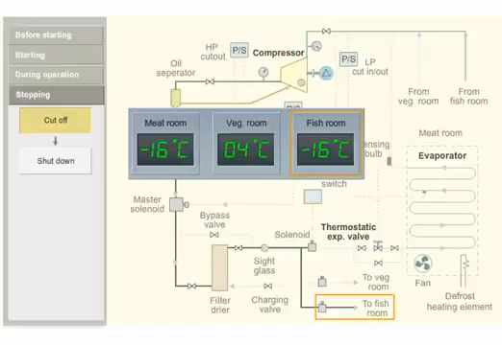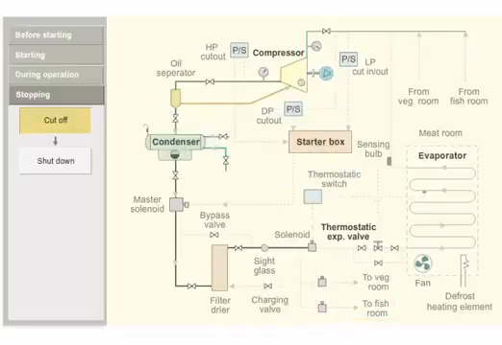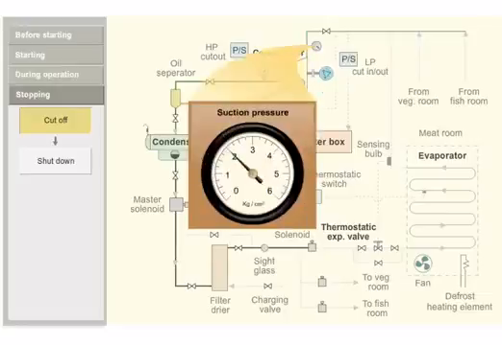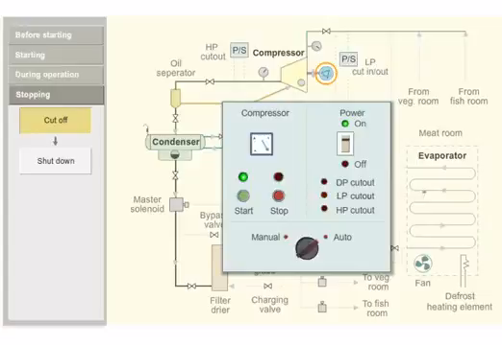When solenoids of all compartments are shut, the pressure drop in the compressor suction stops the compressor through low pressure cutout. The compressor cuts in when the room temperature drops.